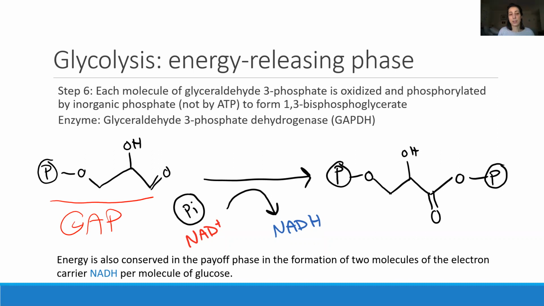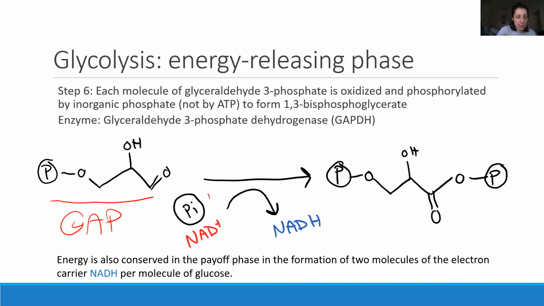Step 6 is going to take our glyceraldehyde 3-phosphate and oxidize it. And it's going to be phosphorylated by inorganic phosphate, not by ATP. So we are going to add a phosphate on, but notice that the key thing here is that ATP isn't utilized.